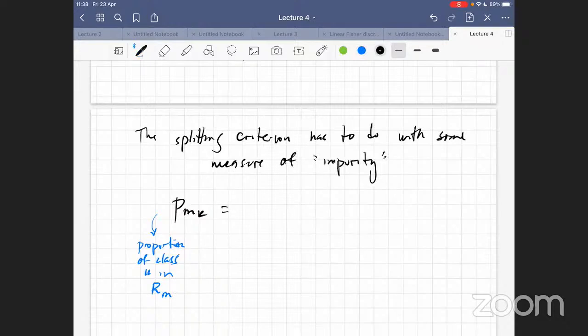So this is then just equal to the number of points in that region. You sum over all the points that you find in this region, and then you use the indicator function, right? So 1 if this condition is obeyed.